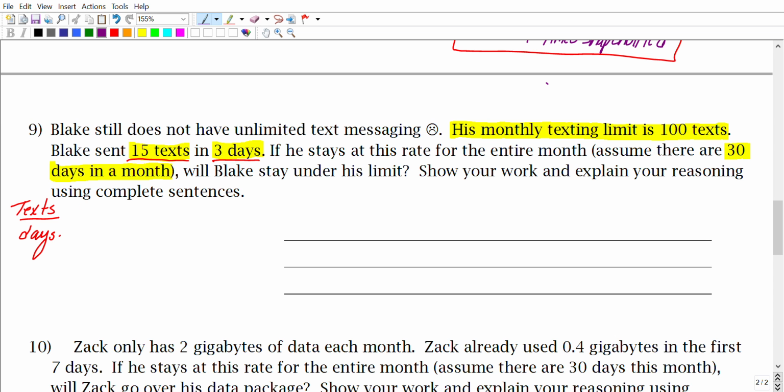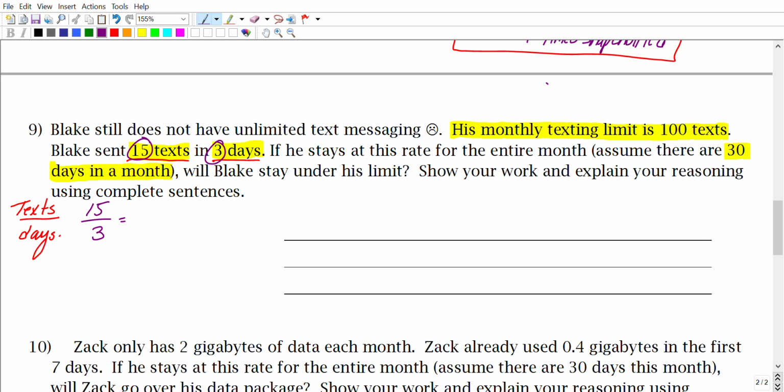We have a lot of numbers here, guys, and honestly, we might not need one of them for our setup, but we will need that number for our final answer to help us get an understanding of what was being asked. Okay, so let's take these numbers that I do have here, because that's something we do know already. We know it's 15 texts in 3 days.